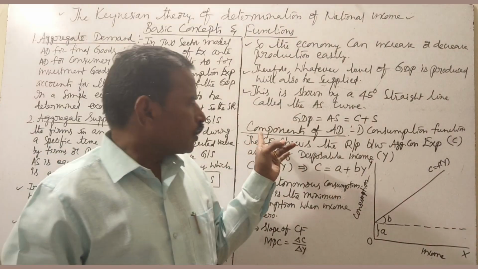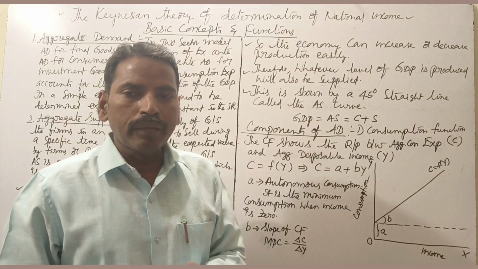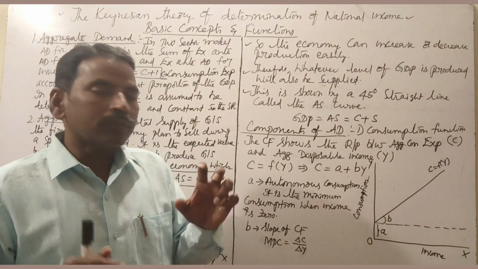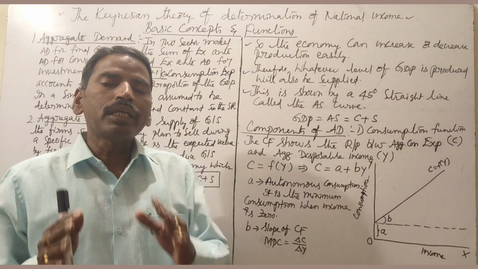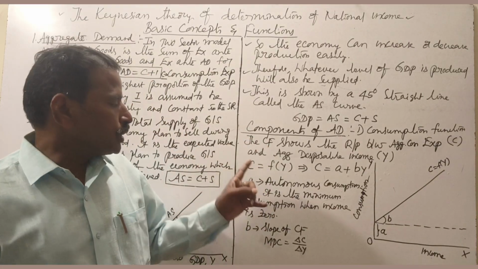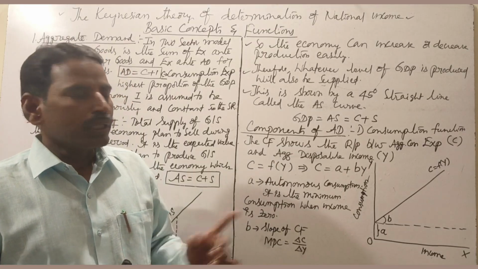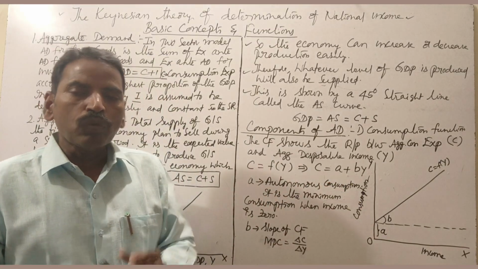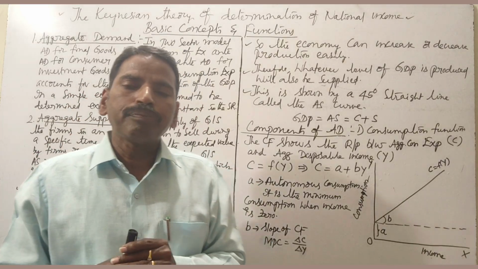So, in the components of aggregate demand, the first one is the consumption function. The consumption function shows the relationship between consumption and income: C is equal to f of Y, in other words C is equal to A plus BY. What is the meaning of A?